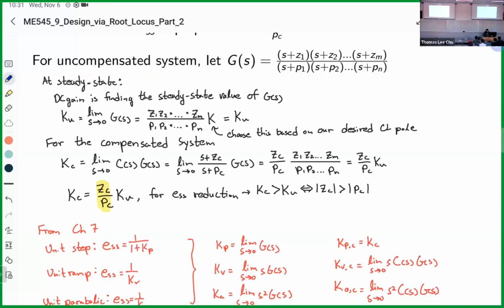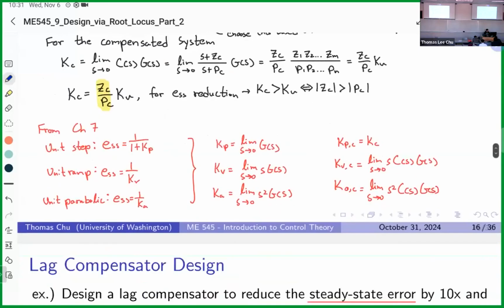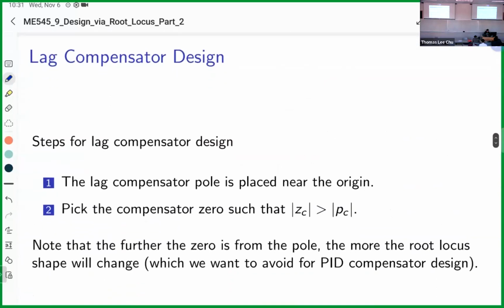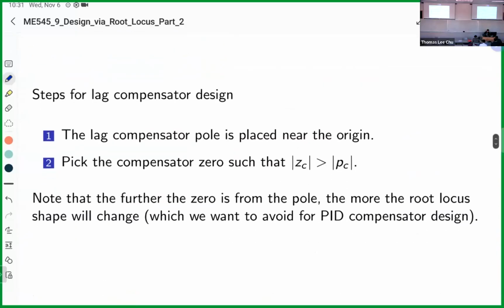Today we're going to finish lag compensator and move on to PID and lag lead. A recap on lag compensator design is that it's similar to PI controller design, where we place a pole near the origin and then a zero to the left of it. So you want your zero to be higher in value if you take the magnitude of it.